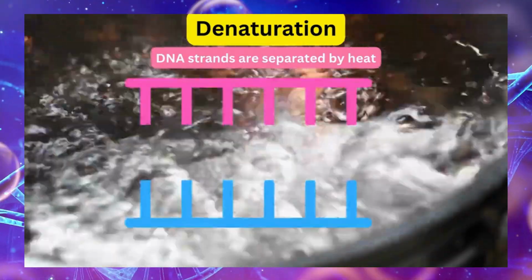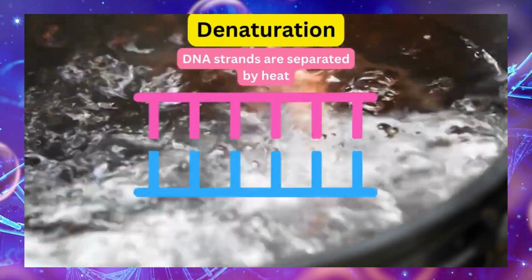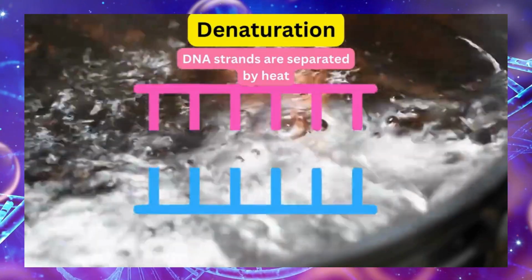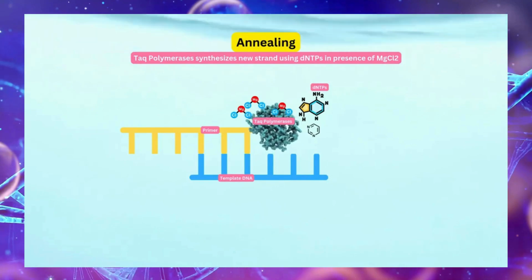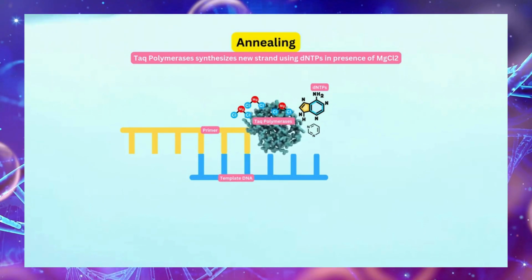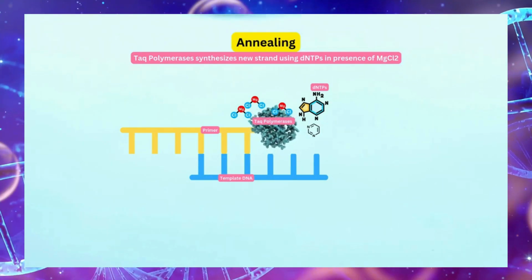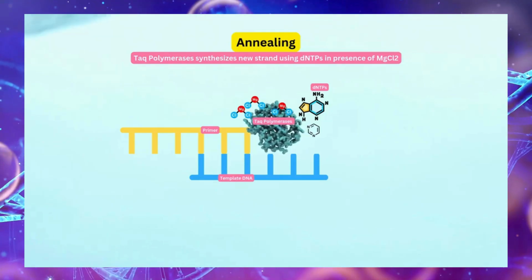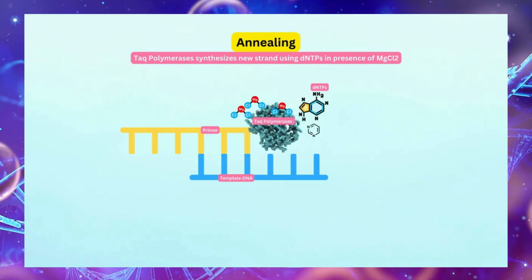It replaces the need for helicase, which unwinds the DNA in the cells, by using heat to denature the DNA strands. The use of Taq polymerase allows PCR to endure high temperatures required for denaturation. PCR uses synthetic primers that specifically target the desired sequence, ensuring that only the regions of interest are amplified.